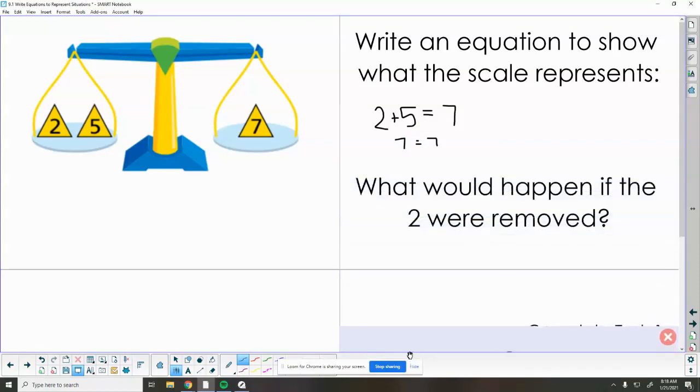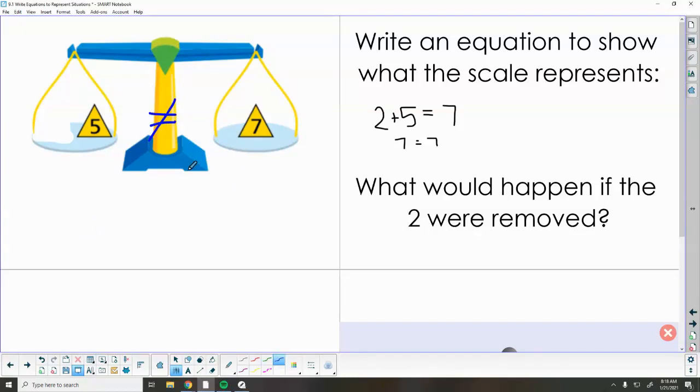What do you think would happen if the 2 were taken away? Let's take this here and remove our 2. What's going to happen to the scale? Think about that for a second. This scale now is not balanced.